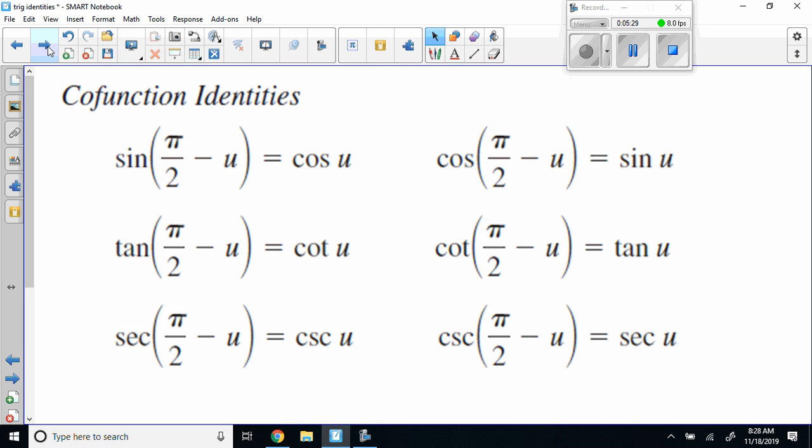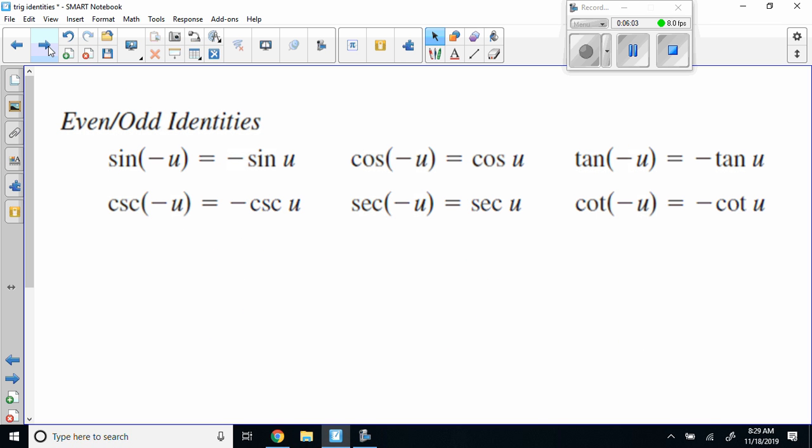Sine of pi over 2 minus u is cosine u, and likewise tangent, secant, cosine, cotangent, cosecant, right? Those will be more of an evaluation type stuff, and we're not going to go too far down that, okay?